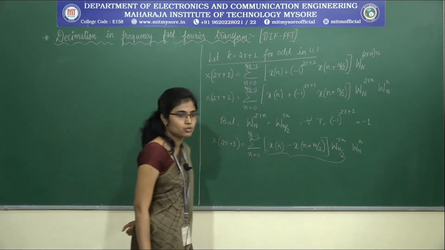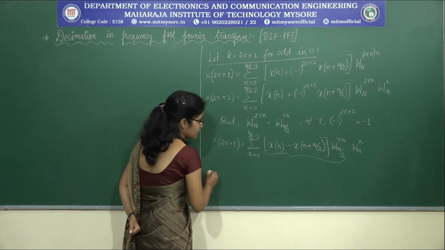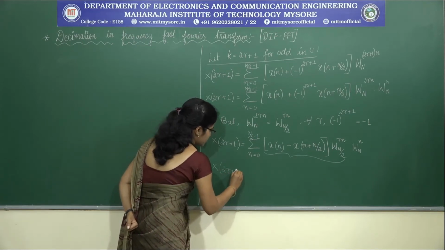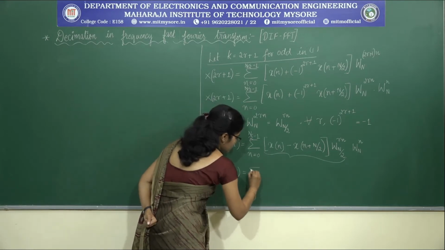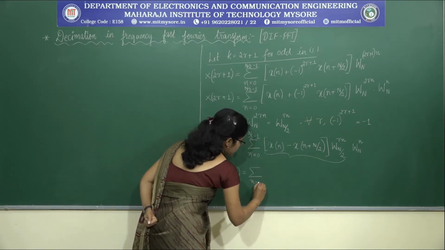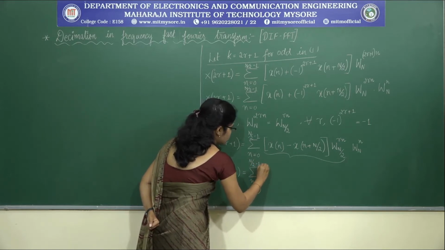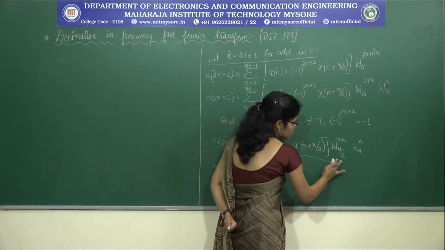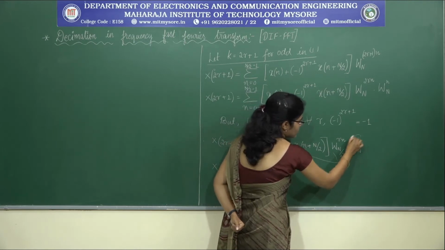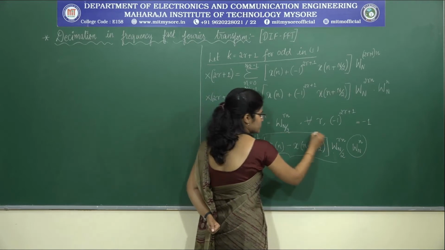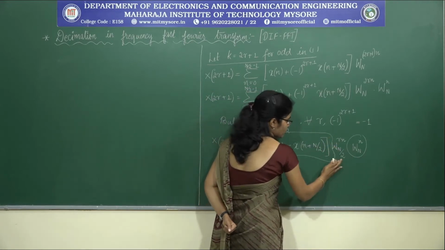Now, instead of this term, let me take a substitution. So, let the substitution be x of 2r plus 1 which is equal to summation n from 0 to n by 2 minus 1. Which terms? This term as well as this term, this one and this omega term together.